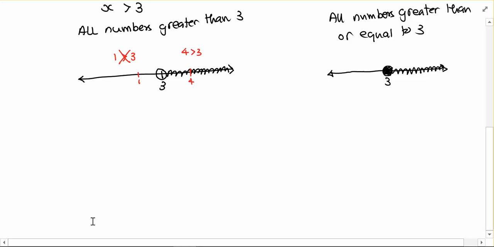Let's take a look at another example, and this one looks like this: -2 ≤ x < 3. Graph it.